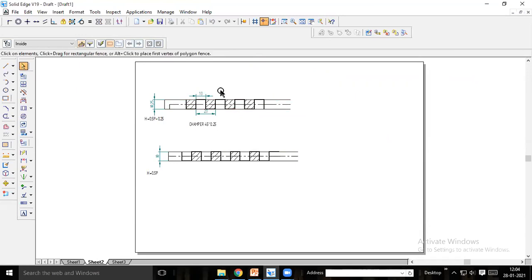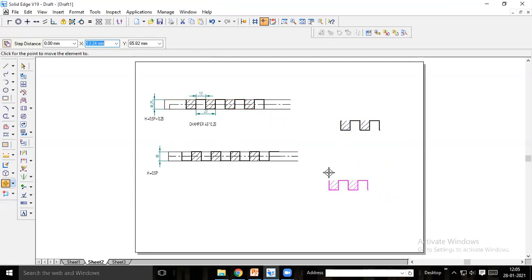I will select this and move it to this side, and I will select this. So when you try to assemble this, see here, I will assemble this.